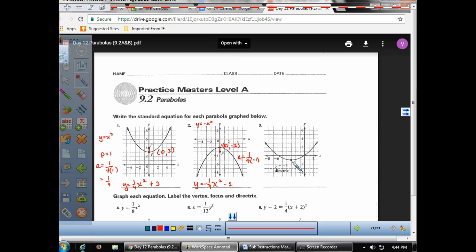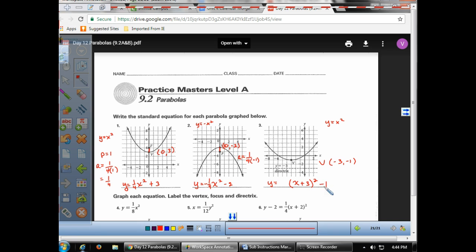Now the next one. On the next one we know it opens up, so again in the form y is equal to x squared. The vertex is located at (-3, -1). So I like to write that out. So I'm going to say y is equal to, and then it's going to be x plus 3 all squared minus 1.